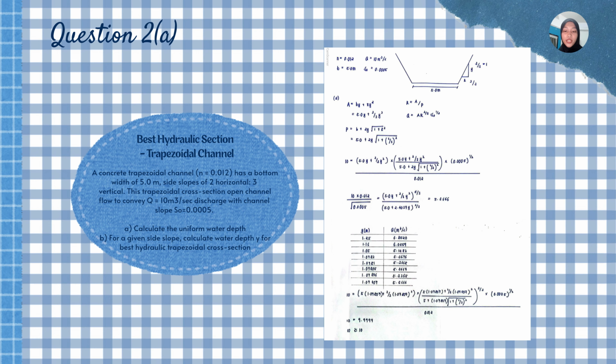From the question, the target discharge is Q equals 10 m³ per s, where we then rearrange the formula to find y, the flow depth. By trial and error, different values of y are tested to make Q equal to 10. The calculations are tabulated as shown.